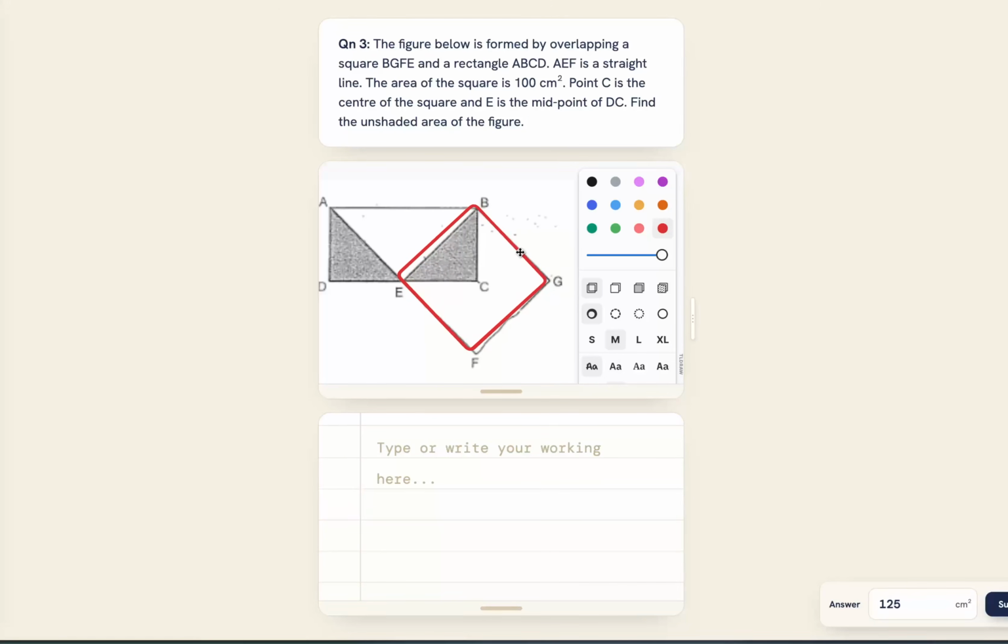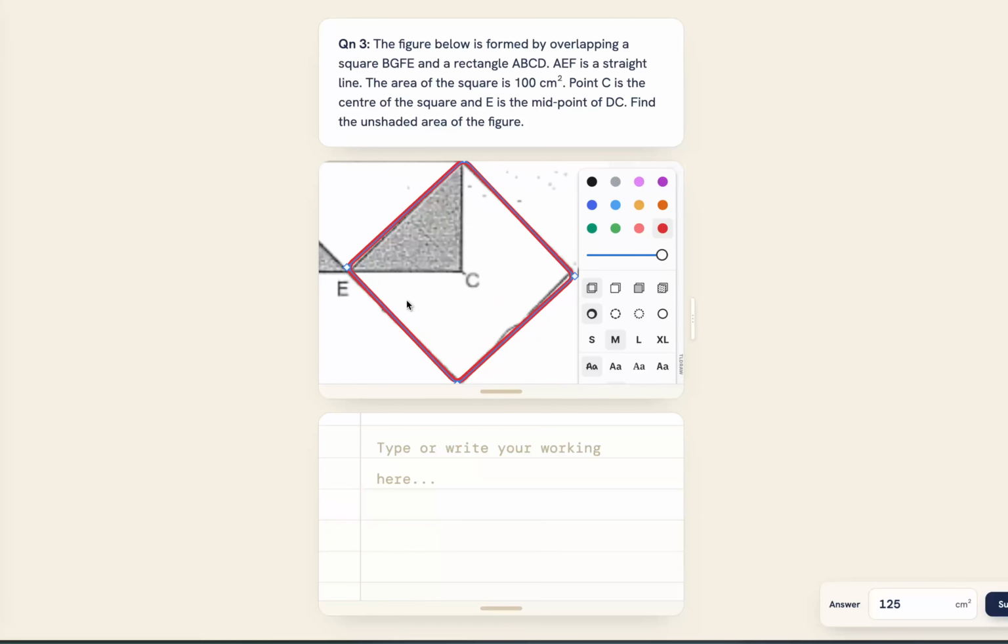So we know that the square over here is 100 centimeter square. If you were to zoom in, C is the center of the square, and there is the shaded part.